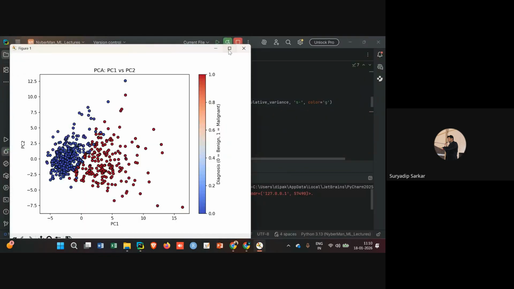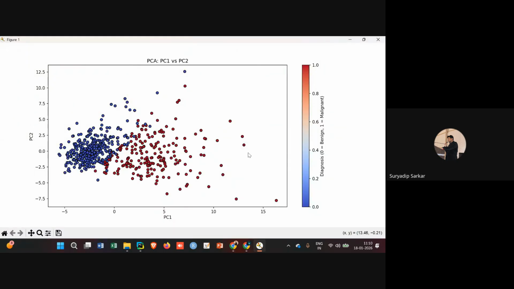Now this is the scatter plot using PCA, right? So obviously the red ones are the malignant ones, and the blue ones are the benign ones. Okay, and you can see that the benign ones have clustered very well. The red ones are a bit more spread out. There are few outliers here and there.